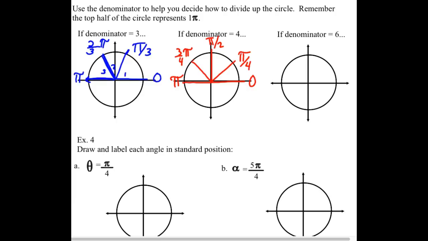All right, go ahead and try the third one there. What if your denominator's in 6s? All right, if we split into 6s, that means each of our thirds from our first picture would have to be cut in half. Yes? So we need, in quadrant 1, we need 3 pieces. In quadrant 2, we need 3 pieces.